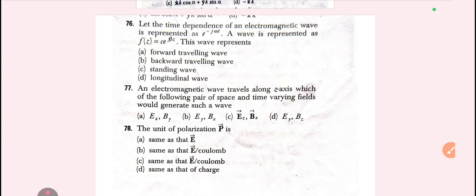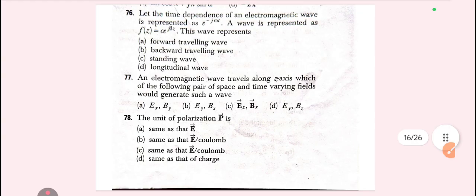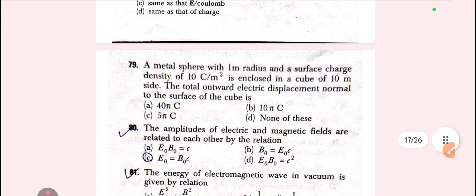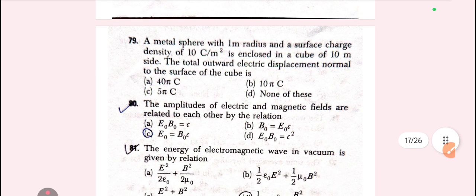Question number 78. The unit of polarization P is the same as that of E per coulomb. Question number 79. It requires a lot of labor.